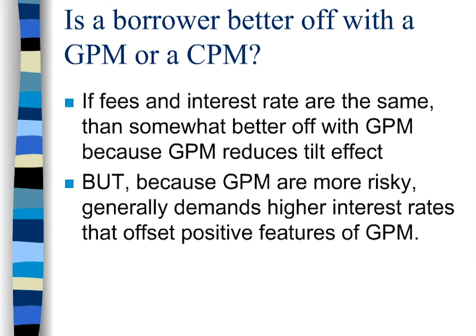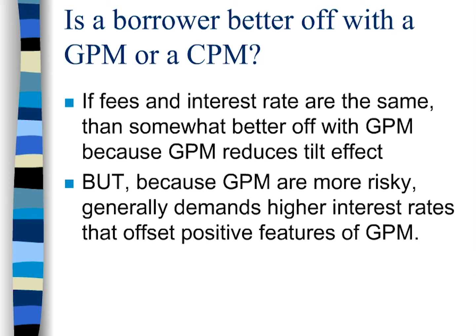So you might ask, is the borrower better off with the graduated or the constant? If the fees and the interest rate were exactly the same, then they would be better off with the graduated, because the graduated reduces that tilt effect and lets them borrow more.